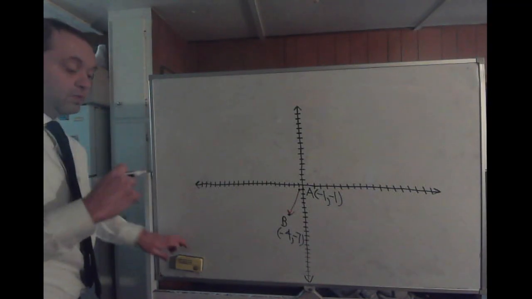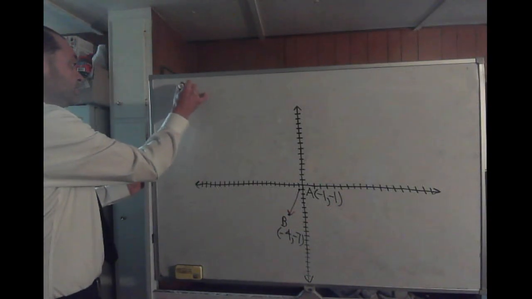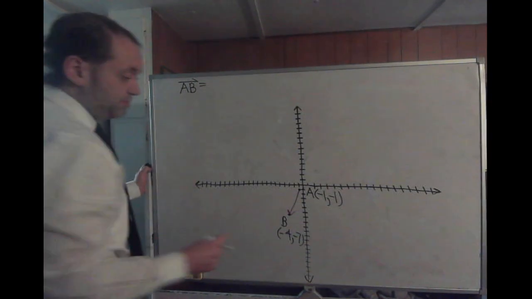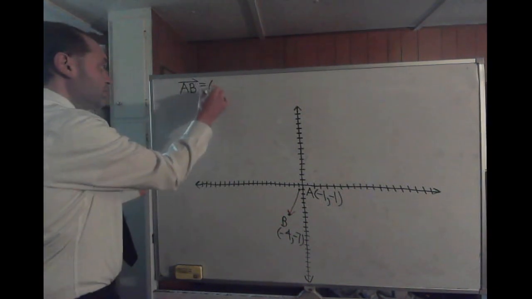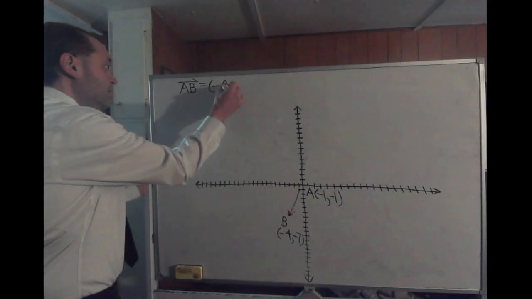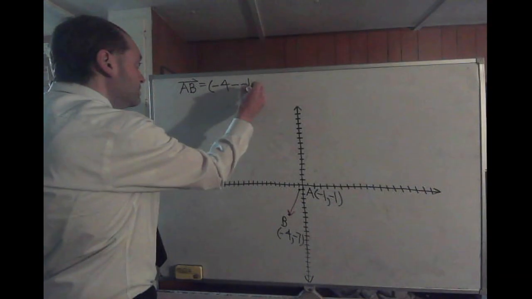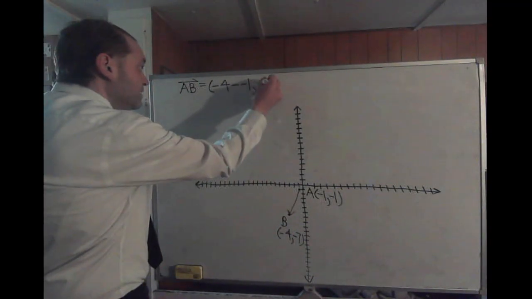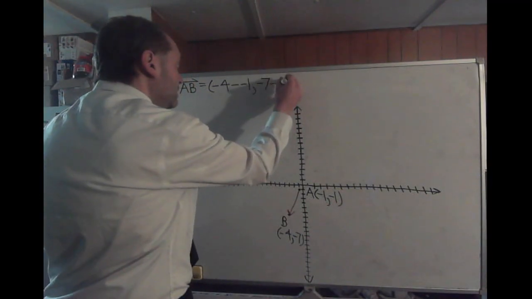Now we want to find the vector itself. To find the vector from A to B, B is your second coordinate, so you take the second x coordinate of -4 minus your first x coordinate of -1, and then your second y coordinate of -7 minus your first y coordinate of -1.